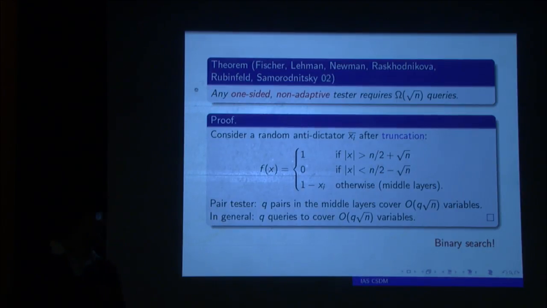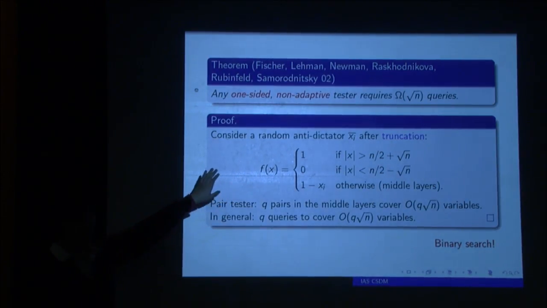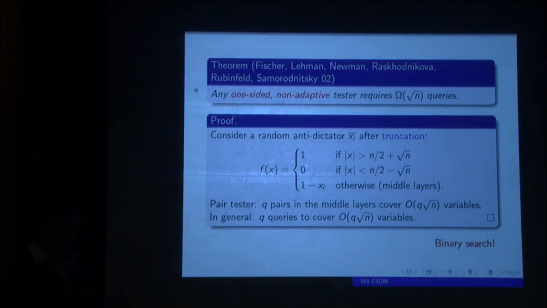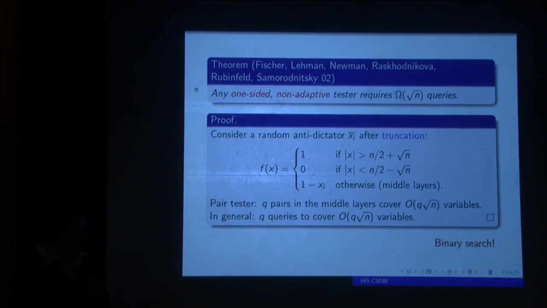Yeah, if you know this is a bad distribution where your function comes from, you just want to find out this xi. So later we'll see how the distributions used in the adaptive proof avoid this, and make the job much harder for a tester, even an adaptive tester.